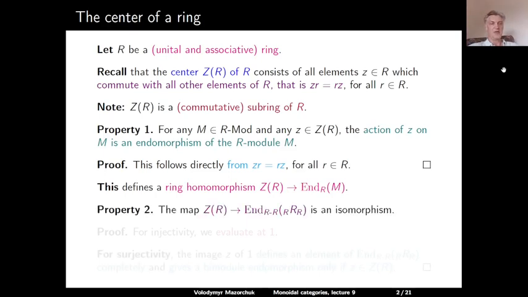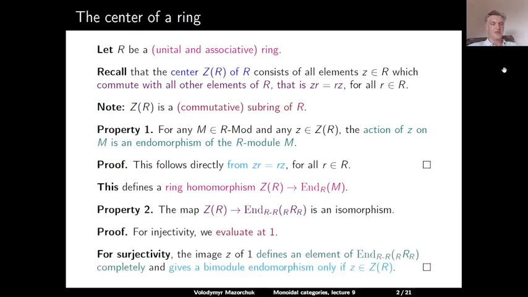Property 2: we have a natural isomorphism between the center of R and the endomorphism ring of the R-R bimodule R. Proof: for injectivity, we can simply evaluate this isomorphism at the identity element. For surjectivity, let little z be the image of the identity element under some endomorphism.